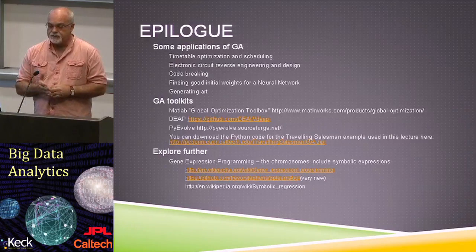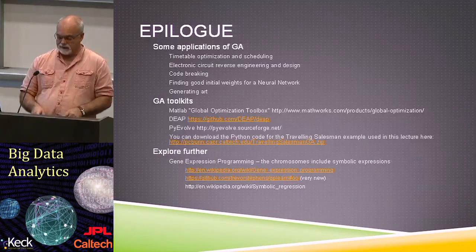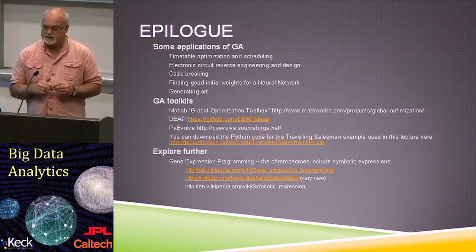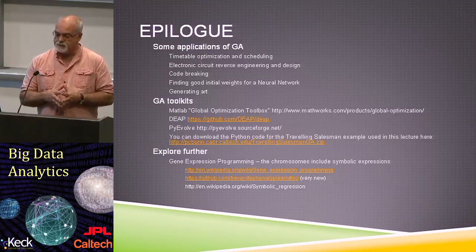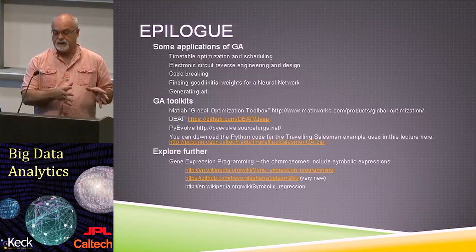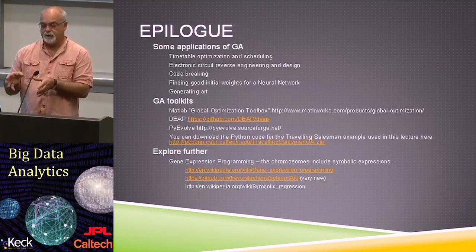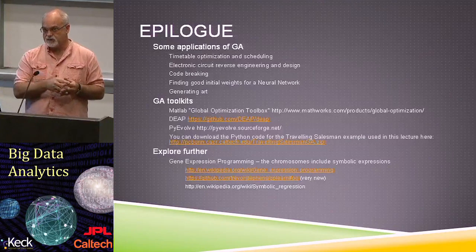And one of the students I worked with here at Caltech had a very nice application of genetic algorithms where he was generating art. And the way he was doing that was he was taking a piece of art by, in this case, Mondrian, and he was devising a genetic algorithm which would try to replicate as closely as possible the artwork.